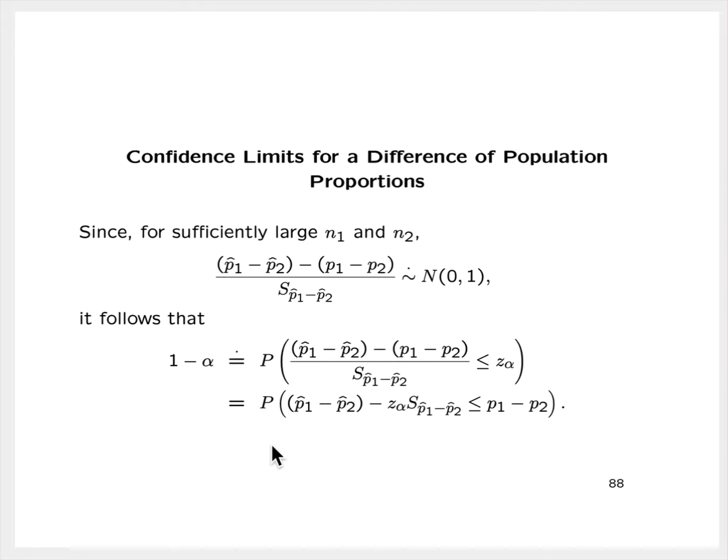And so this implies then that the probability that P1 hat minus P2 hat minus z sub alpha times the estimated standard error of P1 hat minus P2 hat is less than or equal to P1 minus P2 is also approximately equal to 1 minus alpha.